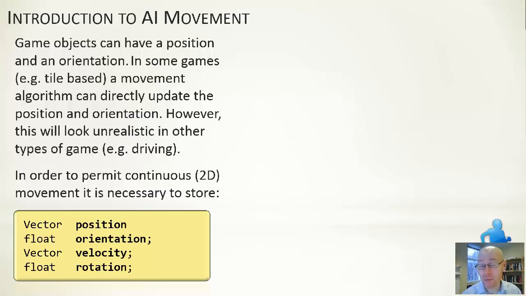A positive rotation is something that moves in a clockwise rotation. A negative rotation is something that moves in an anti-clockwise direction. So when we talk about the orientation, this is the direction in which that object is facing. And when we talk about a rotation, this is the speed at which that orientation is changing, so the speed at which it is rotating around.